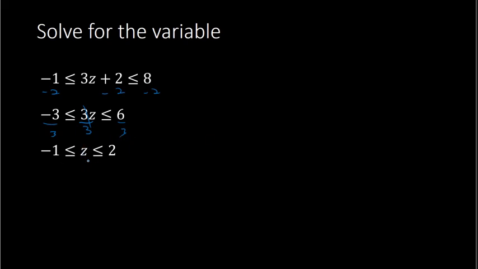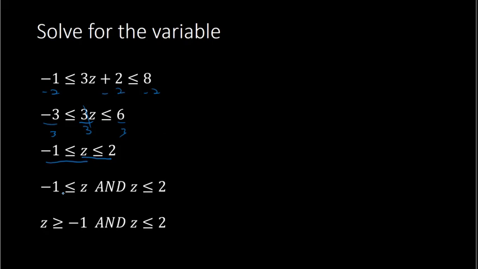I can leave it like this, or I can separate it where I have -1 is less than or equal to z, and z is less than or equal to 2. Typically speaking, you want the variable on the left side, so let's put the z on the left and the -1 on the right, and just flip the inequality so that it becomes a greater than sign. Now that is one way you could have done this problem.